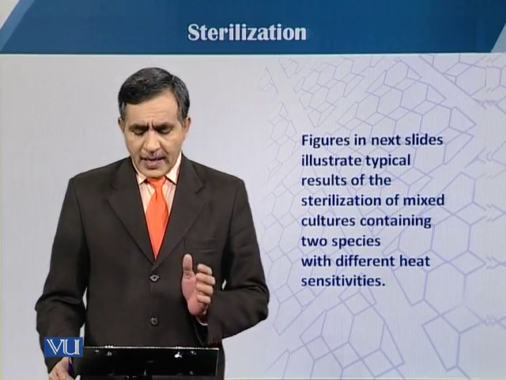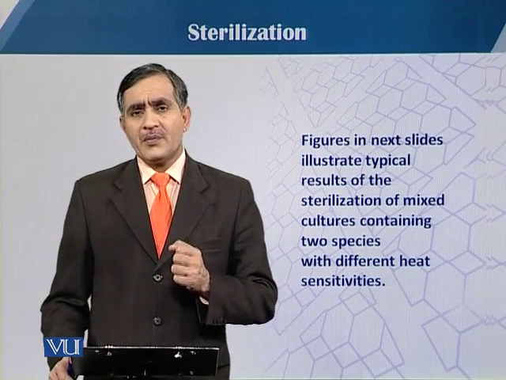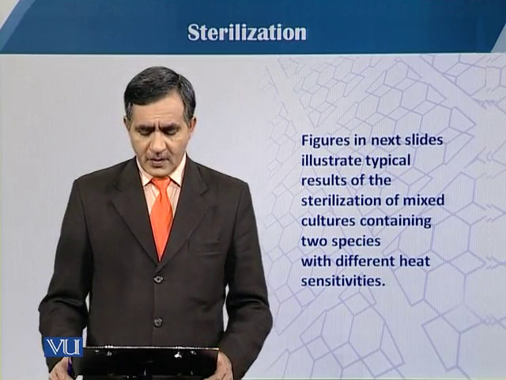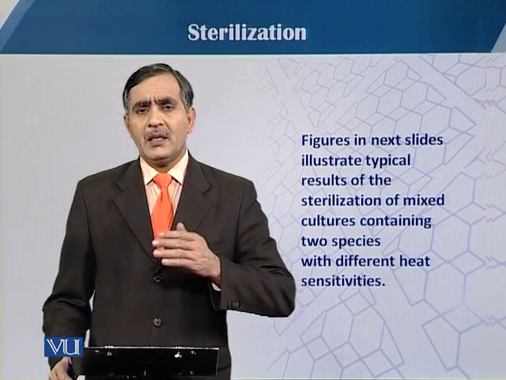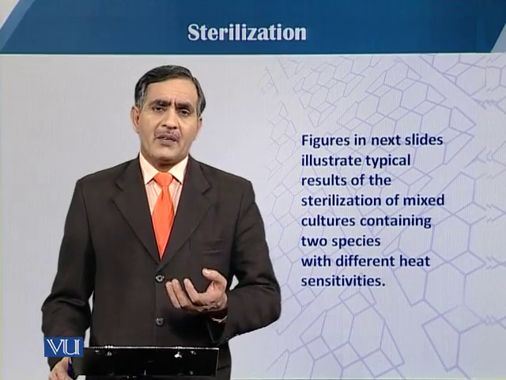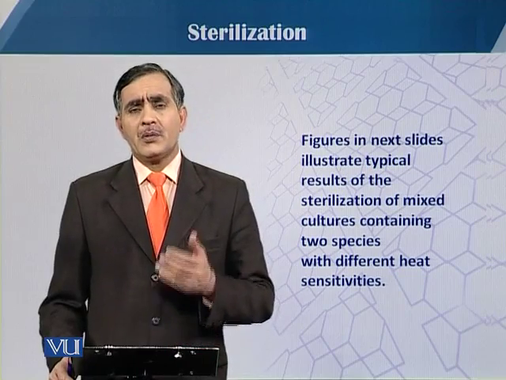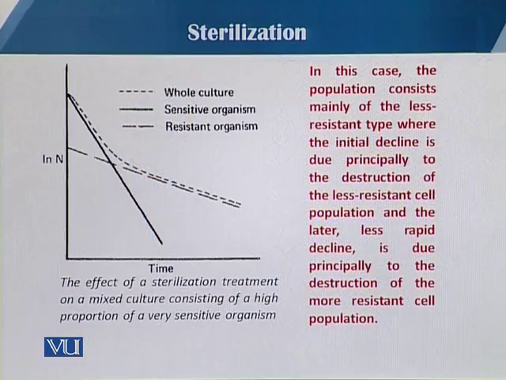So if our contamination is with a mixed culture, which has a different effect of the heat treatment, then their sensitivity to the heat is different than in the first case.